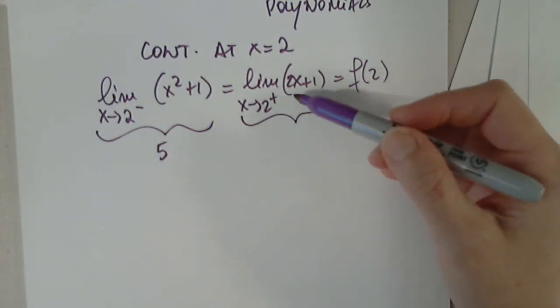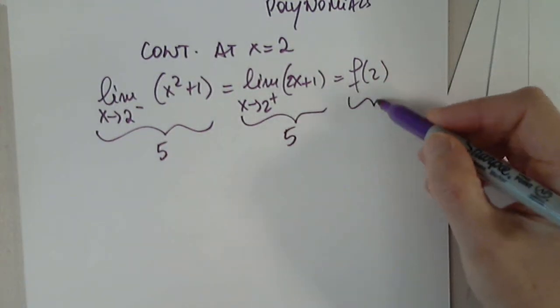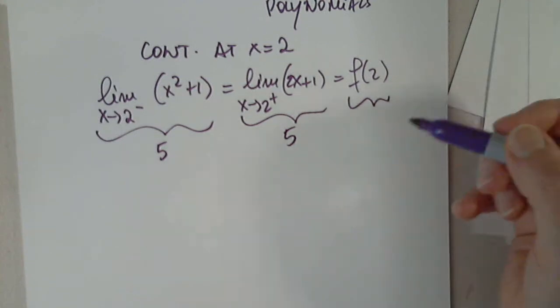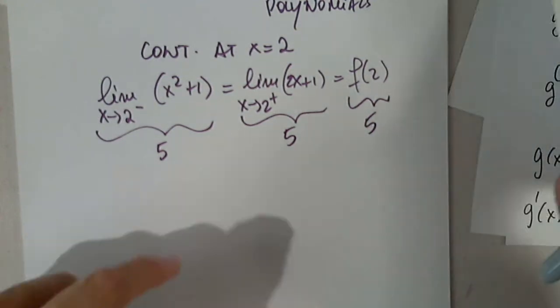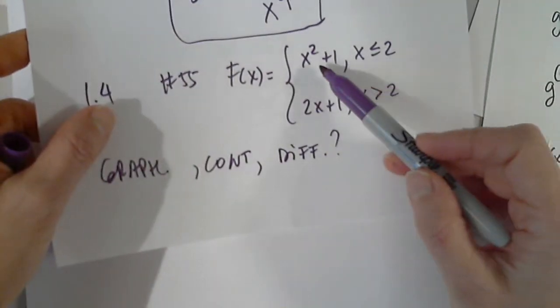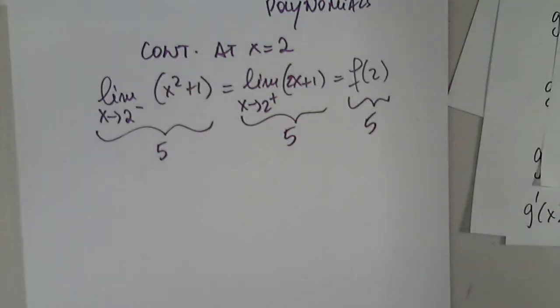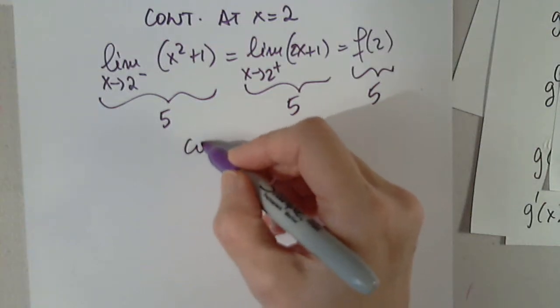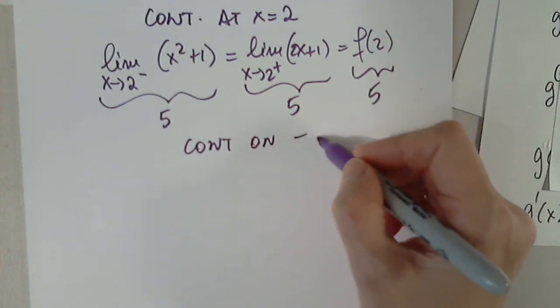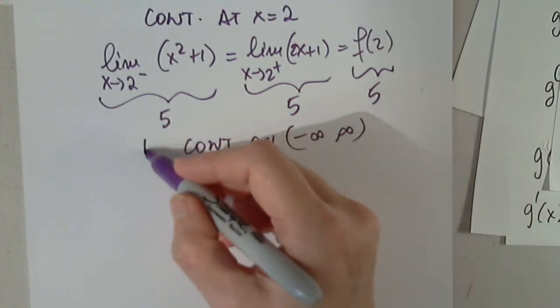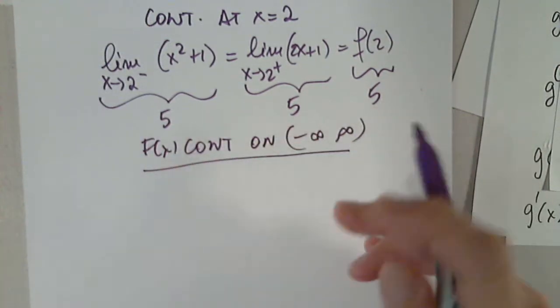The limit from the right is 4 plus 1, which is 5. And the function value, of course, has to be 5, because it's one or the other, and they're both the same. 2 squared plus 1 is 5. So I will conclude f of x is continuous on negative infinity to infinity, everywhere.